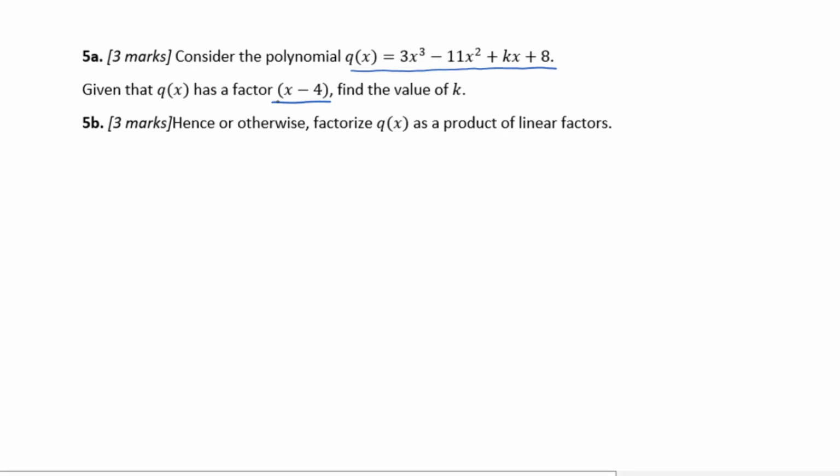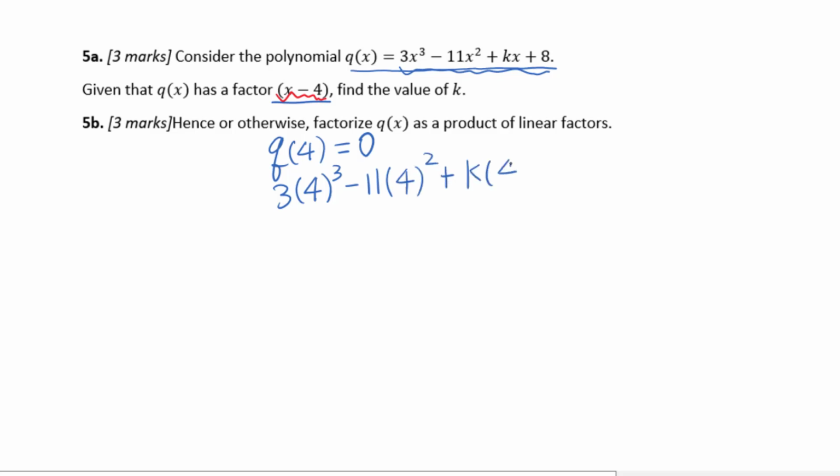When x minus 4 is a factor, it means q of 4 equals 0. We plug into this polynomial function: 3 times 4 to the third power minus 11 times 4 squared plus k times 4 plus 8 equals 0.